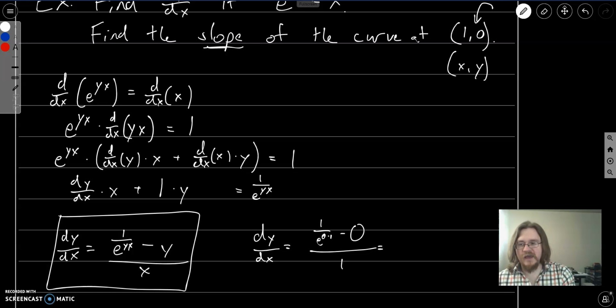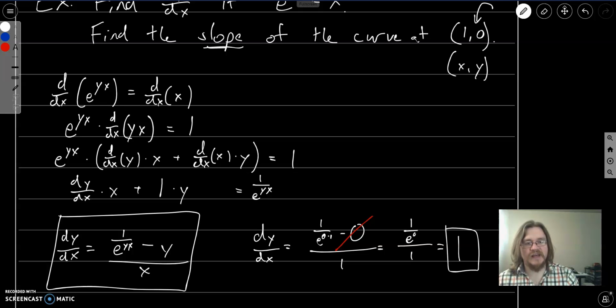Subtracting 0 from anything doesn't do anything, so let's get rid of that. 1 over e to the 0 times 1, well, that's just e to the 0. And e to the 0 is just 1. So 1 divided by 1 is just 1. So the slope of our function, as it crosses the point 1, 0, is 1.